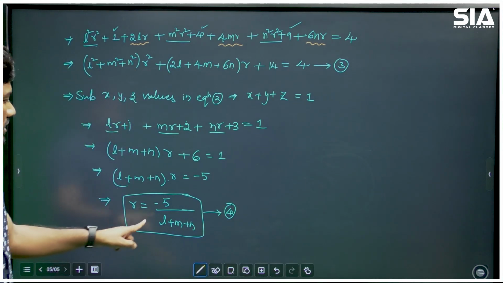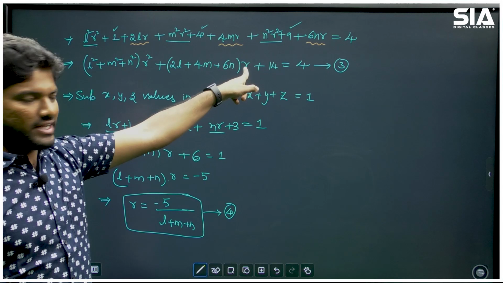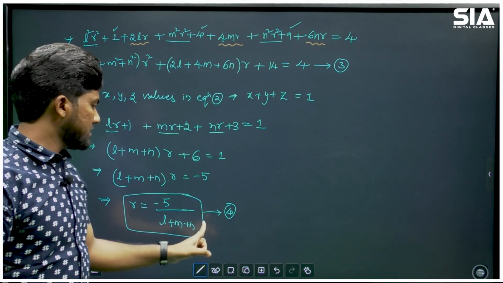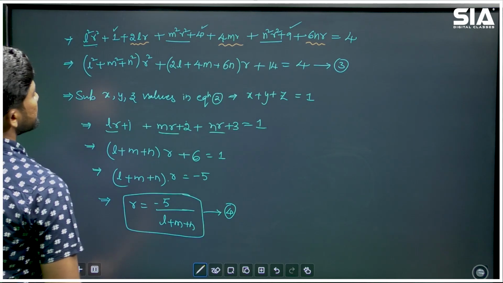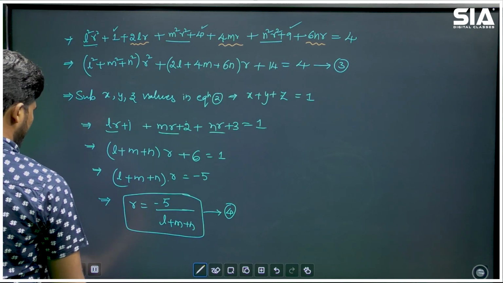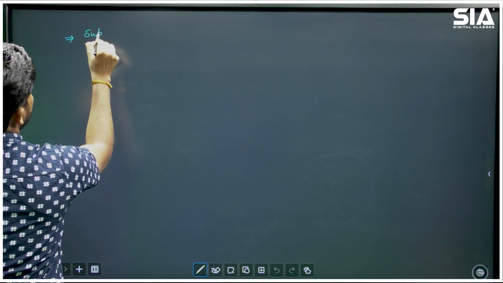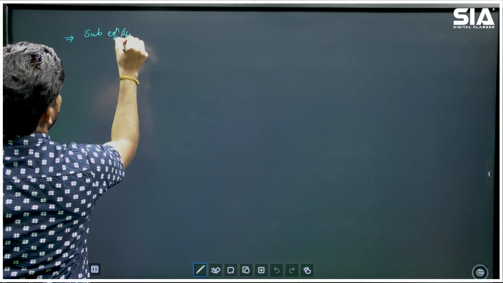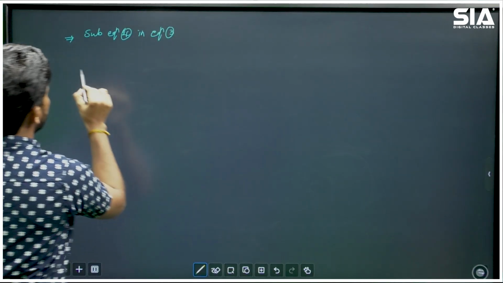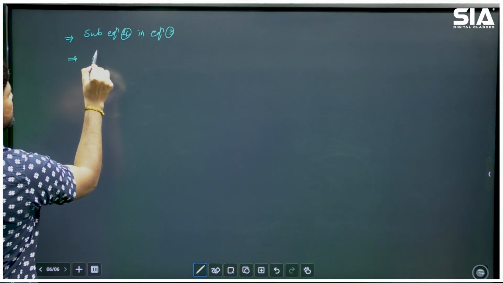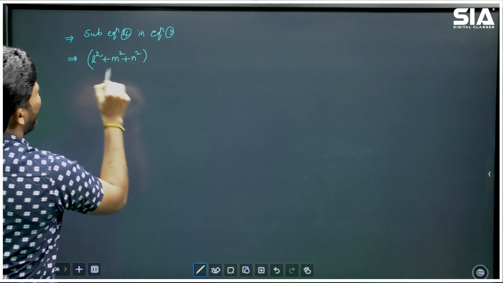Now substitute the small r value from equation number 4 in equation number 3. Wherever you have small r, substitute the small r value from equation number 4. Remember the equation values carefully. So now I am substituting that value: equation 4 in equation number 3. Equation number 3 is (L square plus M square plus N square) R square.